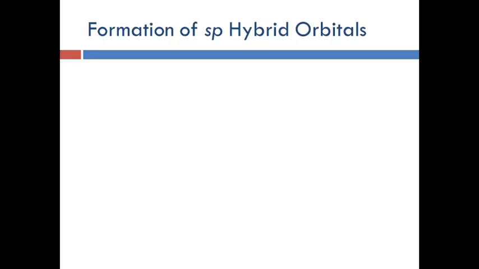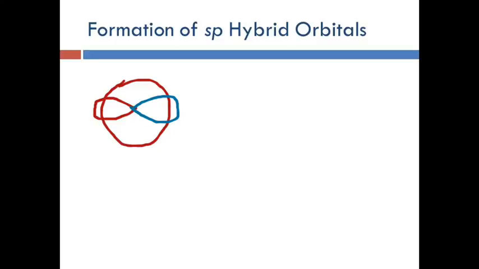So how did this come about? We can kind of visualize it. Here's an s orbital, and here's the p orbital. Remember, the p orbital has phases. One side is one phase, and one side is the other phase. Having a little trouble drawing here. Okay, there we go. Kind of looks like a geek with lab glasses on, doesn't it?